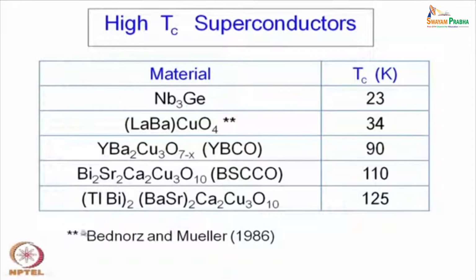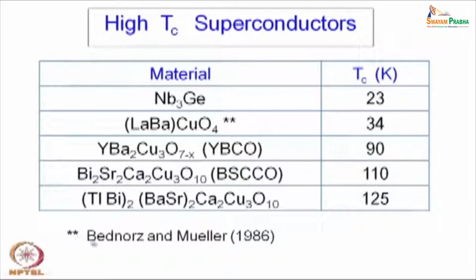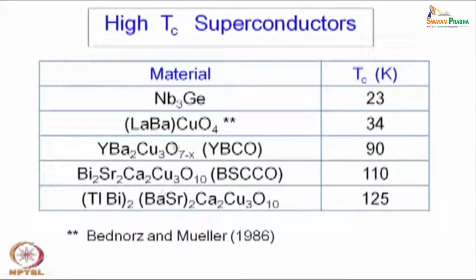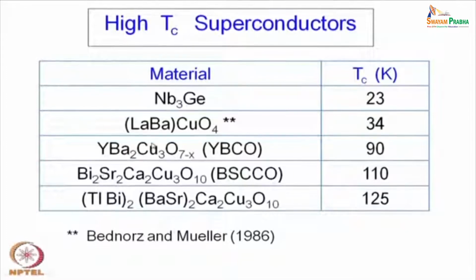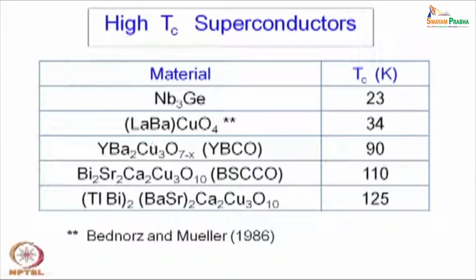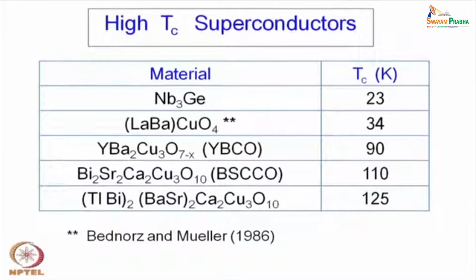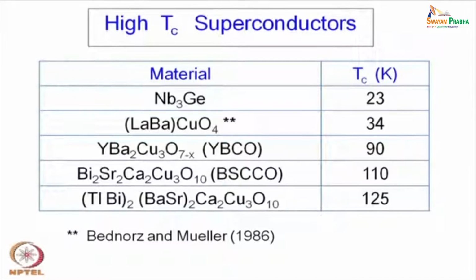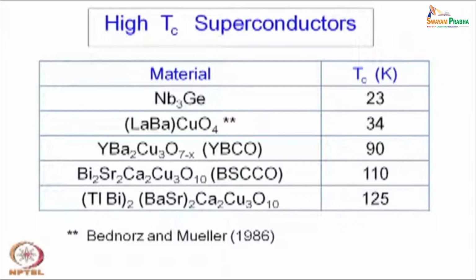It was observed by Bednorz and Muller in 1986, and in the next year they were awarded the Nobel Prize, because before that there was no question of having superconducting phenomena in oxides. Nobody could really think that some of the oxides can also show superconducting behavior.